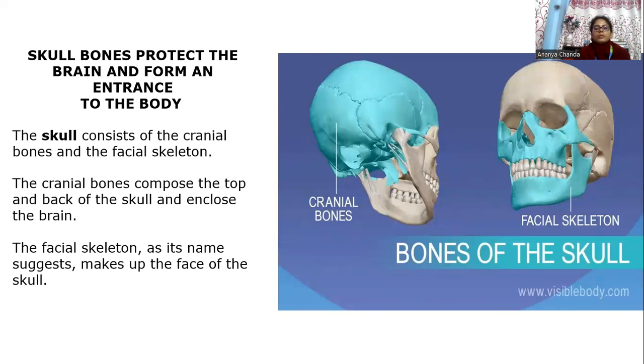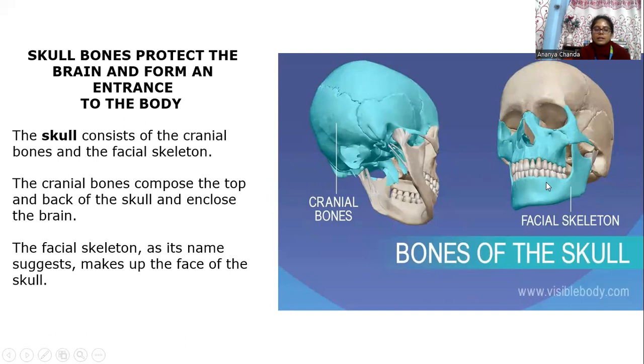Then come the skull bones, which protect the brain and form an entrance to the body. The skull consists of the cranial bones and the facial bones. This human skull is divided into two parts: the cranial bones and the facial bones.